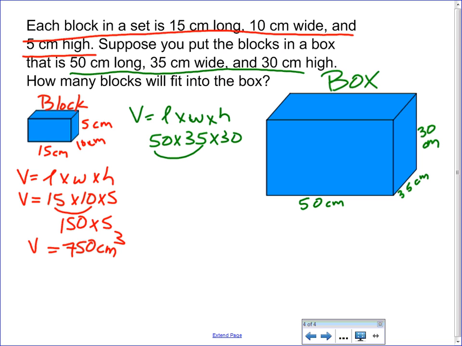50 times 35, oh boy, is 1,750, times 30.